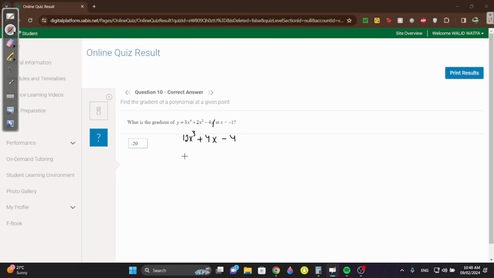Okay, plug in minus 1, you get 12 times minus 1 cubed plus 4 times minus 1 minus 4. Okay, 12 times minus 1 cubed is going to be minus 12 because minus 1 cubed stays negative because it's an odd exponent. 4 times minus 1 is minus 4, and minus 4 again, you get minus 20.